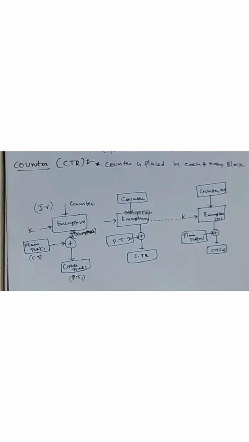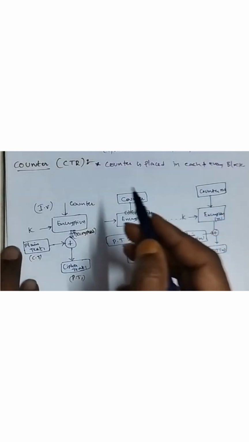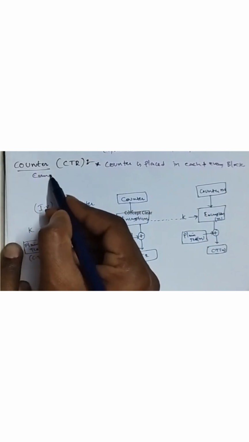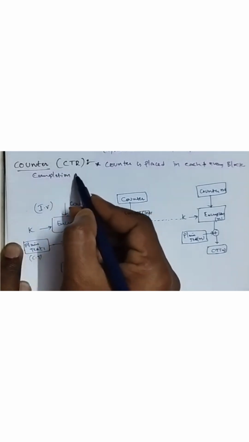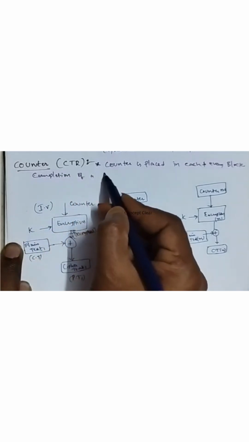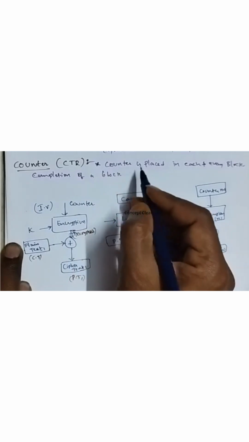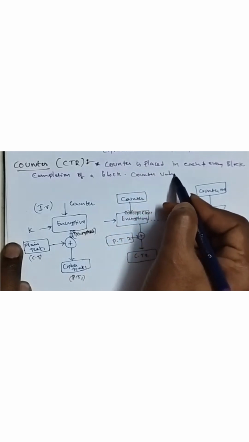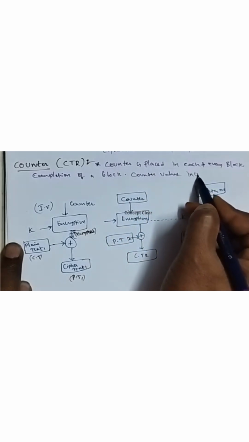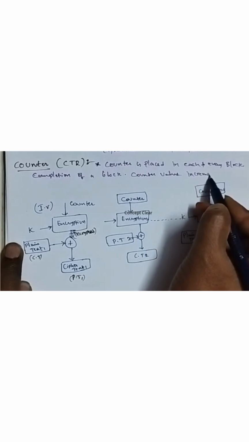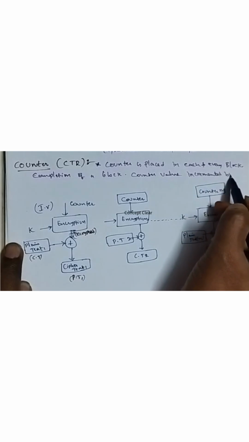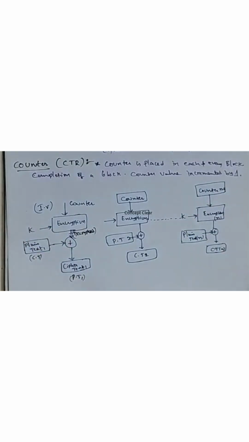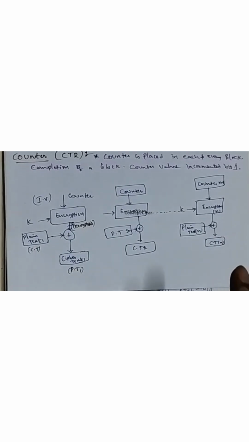Completion of a block, counter value will be incremented by 1 each and every block. If the first round is completed, the value becomes incremented by 1.